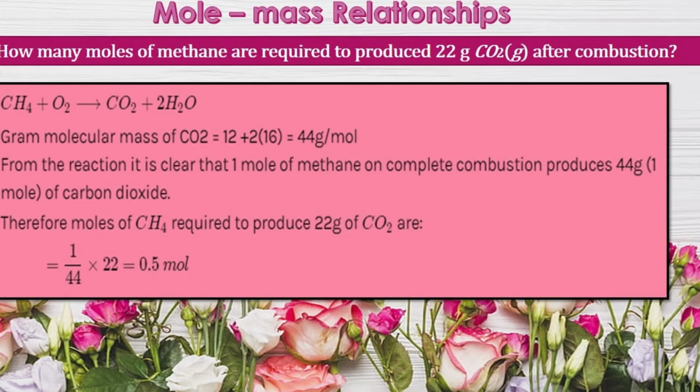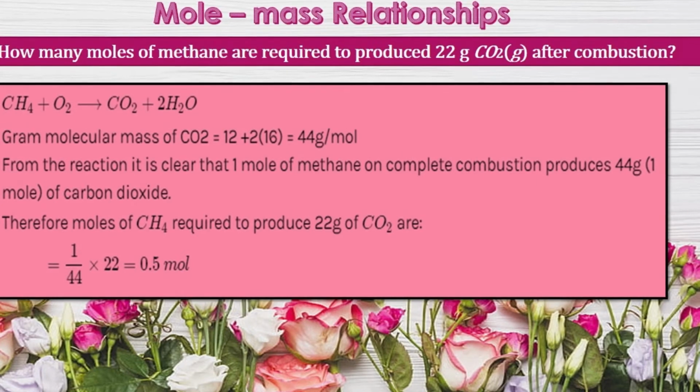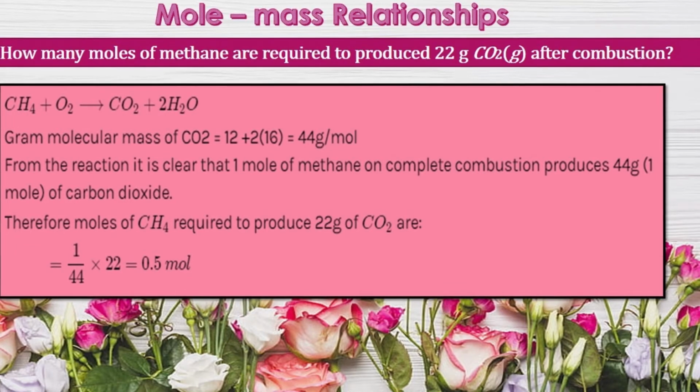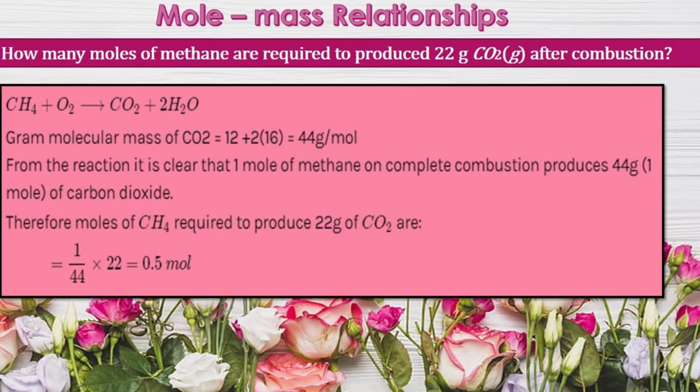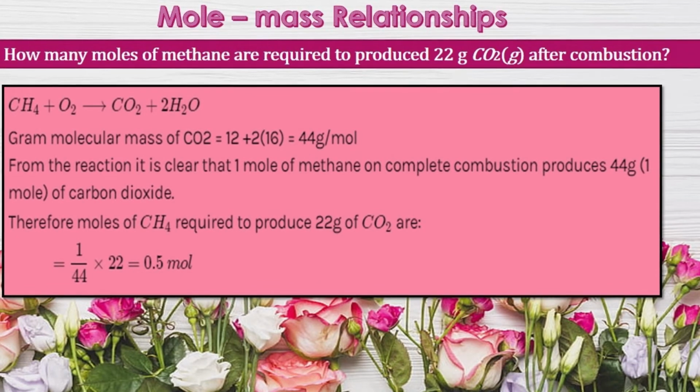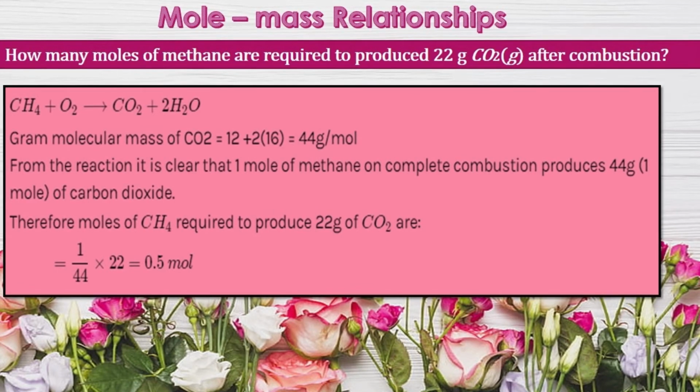The balanced chemical equation will be 1 mole of methane will react with 2 moles of oxygen molecules to produce 1 mole of carbon dioxide and 2 moles of water molecule. So from the balanced chemical equation, 1 mole of methane will undergo combustion to produce 1 mole of carbon dioxide.